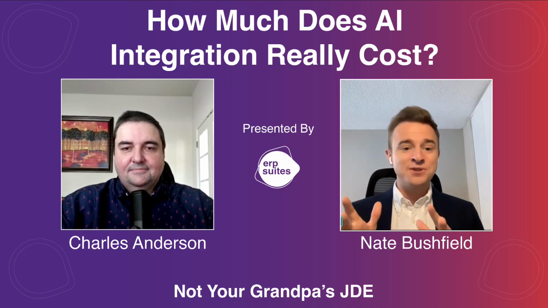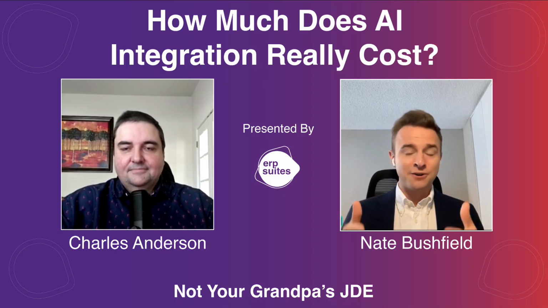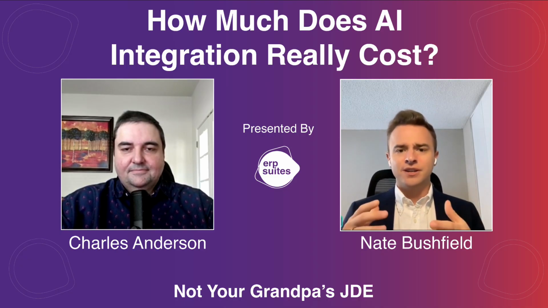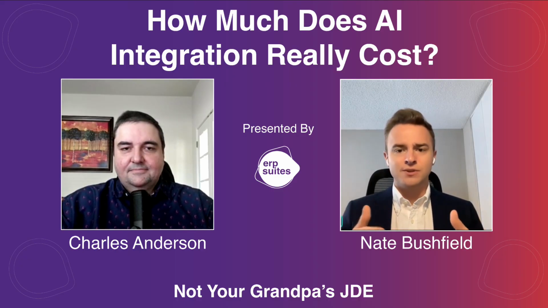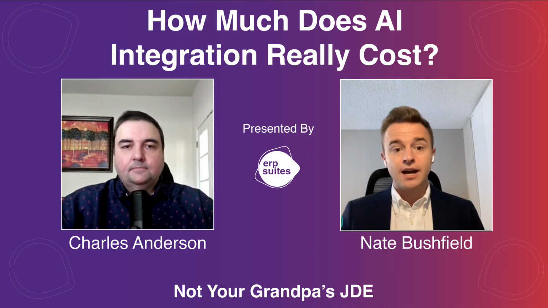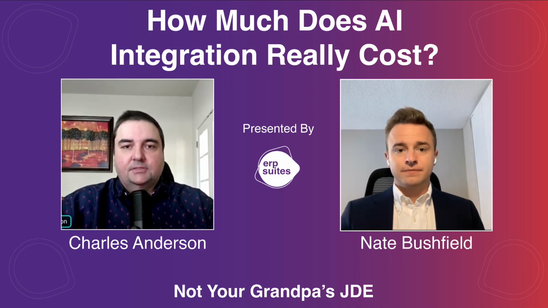All right, let's shift into our first segment, common AI integration costs. So first question for you. What are the typical costs businesses face when integrating AI into JD Edwards on OCI? Sure, there's direct and indirect costs, right? So AI service costs in OCI might be for a service like document understanding for something like receipt processing.